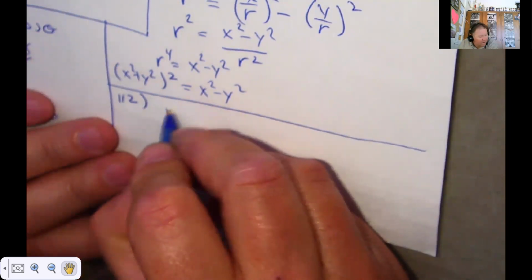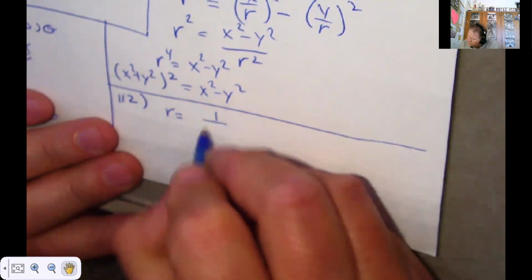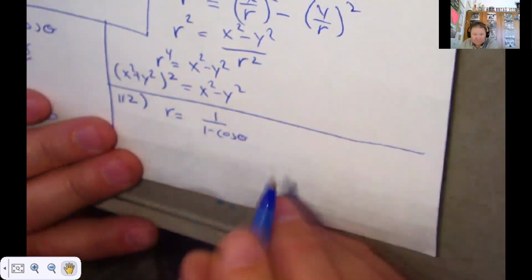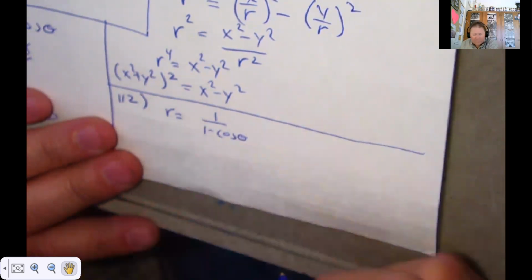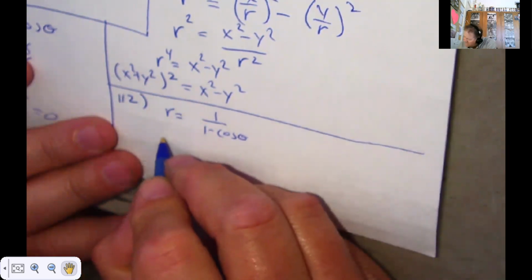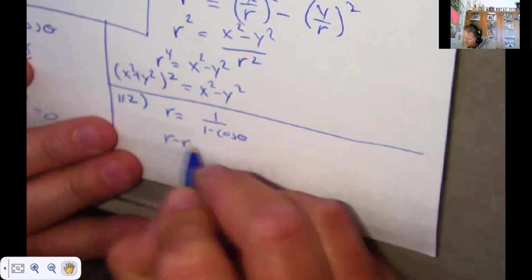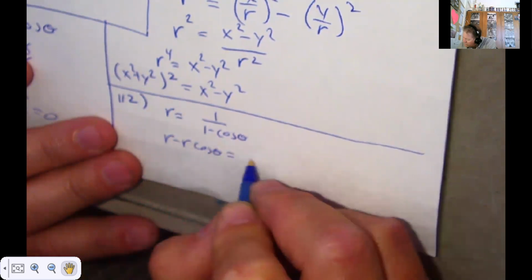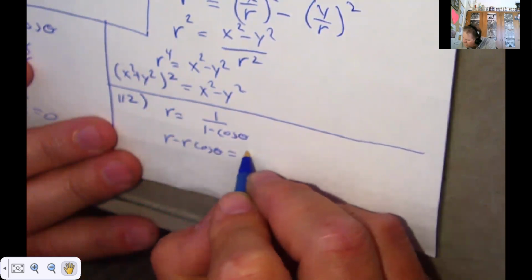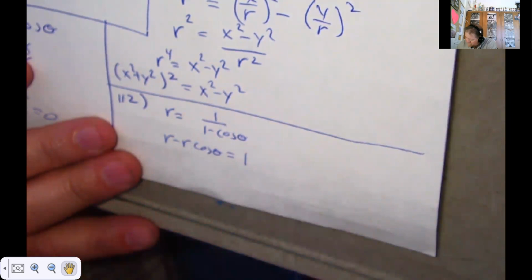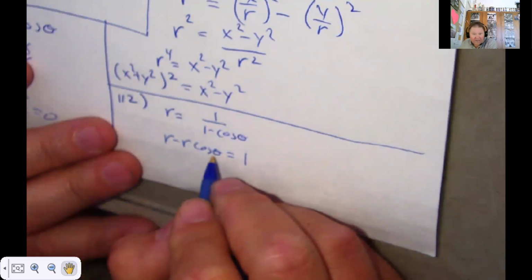This is r equals 1 over 1 minus the cosine of theta. Multiply both sides by 1 minus the cosine of theta, and I get r minus r cosine of theta is equal to 1. Okay, let's go ahead and write the cosine of theta.